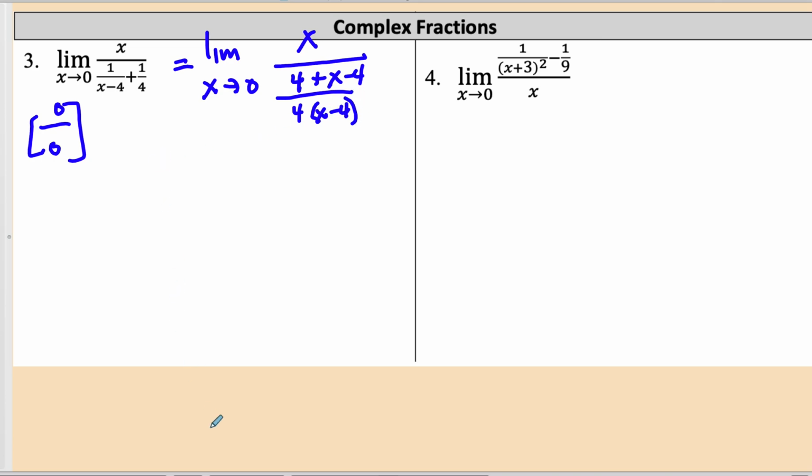All right, and now what I want to do is simplify this. I can do that by multiplying top and bottom by the reciprocal. So I can multiply this by 4 times x minus 4 all over x. So these will reduce, and this will reduce.